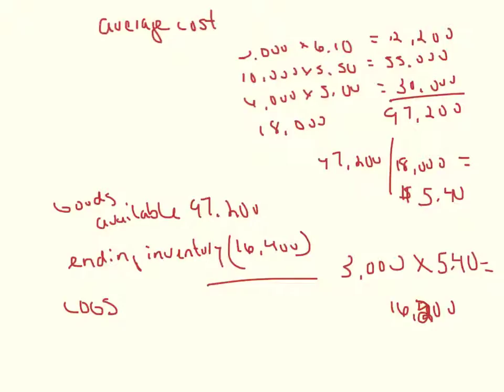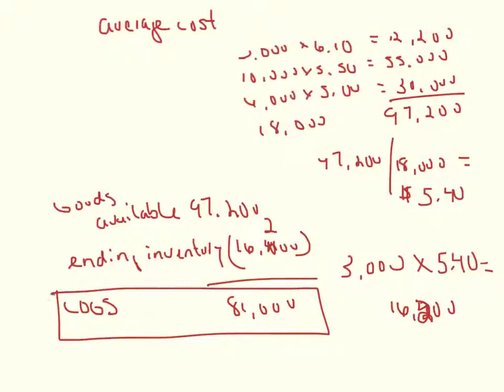So 16,200, again, this should be 16,200. Why can't you erase that? 16,200. So you should have the cost of goods sold of 81,000. So now you know your cost of goods sold for the income statement and your inventory for the balance sheet.